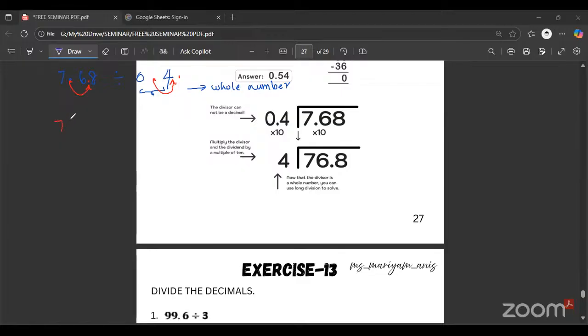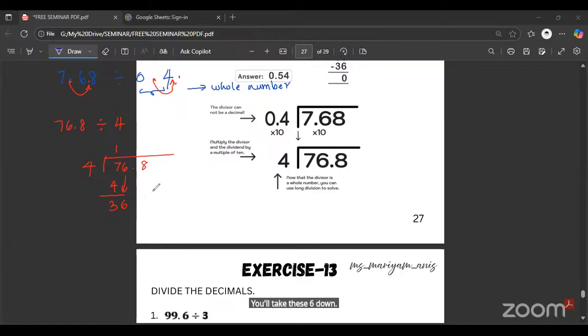So 76.8 divided by 4. Now let's start the working. We'll put 76.8 inside, 4 outside. In 7, how many 4s do you have? 1. So 1 comes over here. 1 into 4 is 4. 3 is remaining. You take this 6 down.